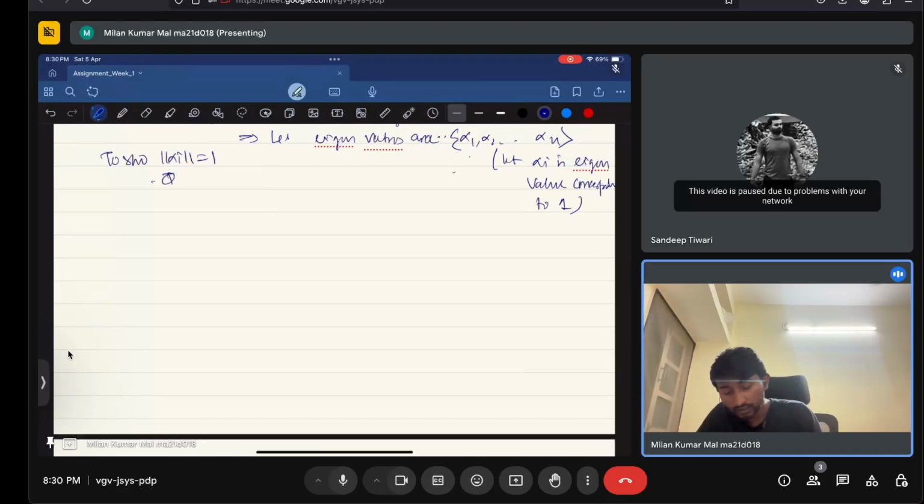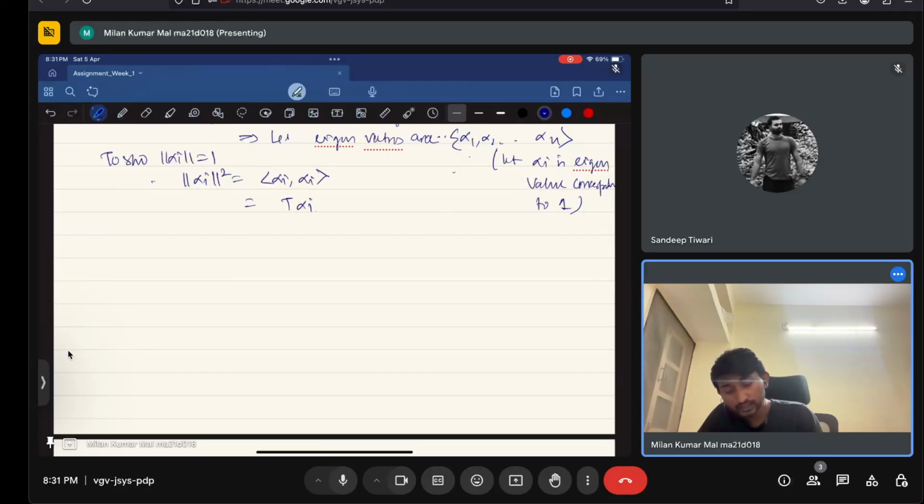Note that norm of alpha_i squared is equal to the inner product of alpha_i with itself. Alpha_i can be taken, T star alpha, T self adjoint, that is identity. What can I say more than this, alpha_i, T alpha_i.